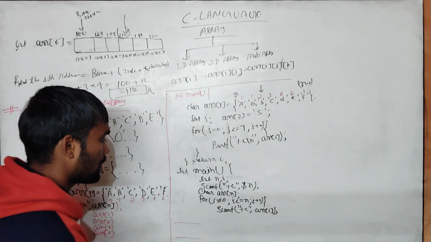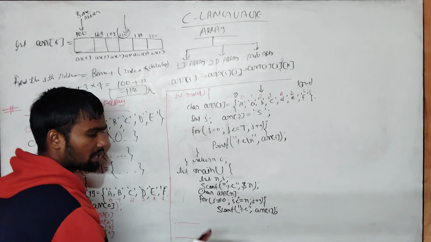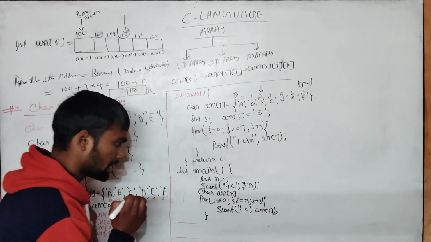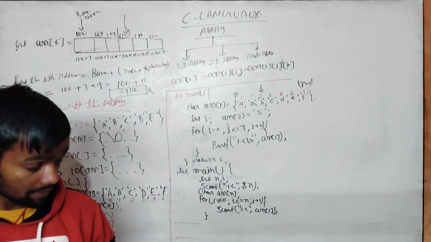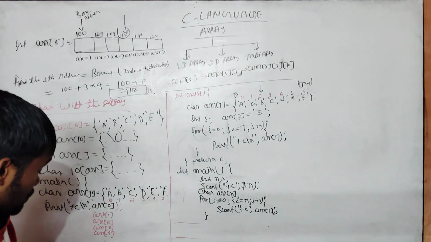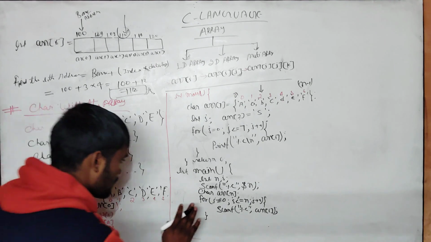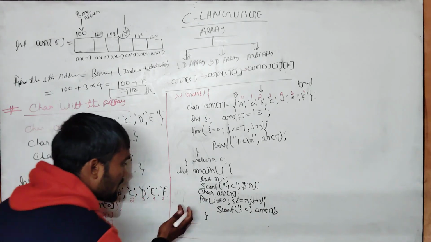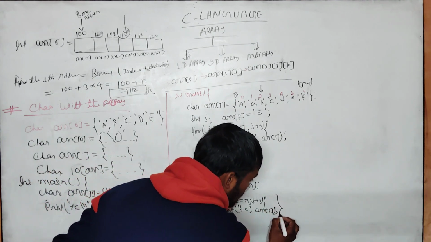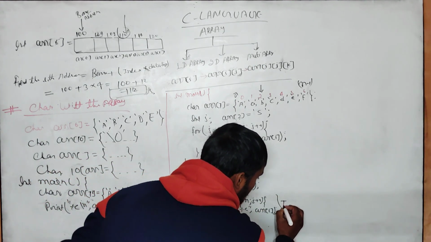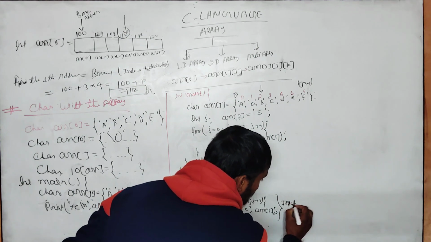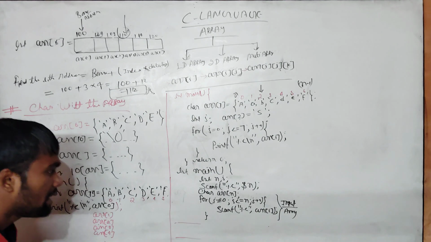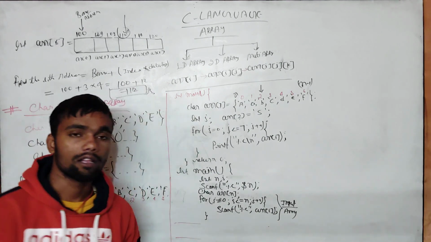I hope you are seeing this. After that I will use another for loop, which will print the array elements. I am just taking input here: array, also elements, also size.